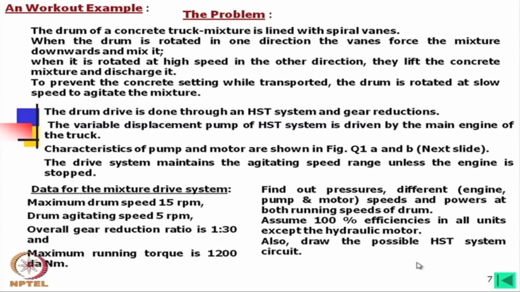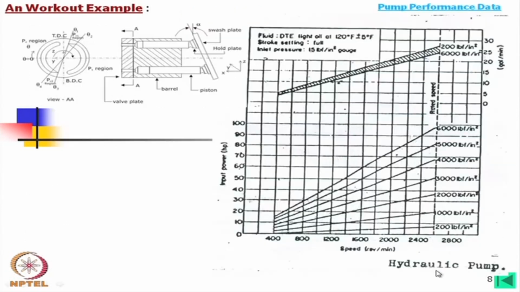That is normally put into hydraulic loss. It is very difficult to calculate all such losses separately, but experimentally we can find out the total losses. Also we have to make a circuit for this.